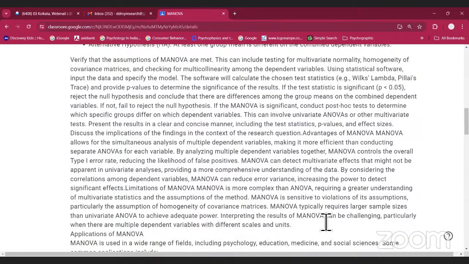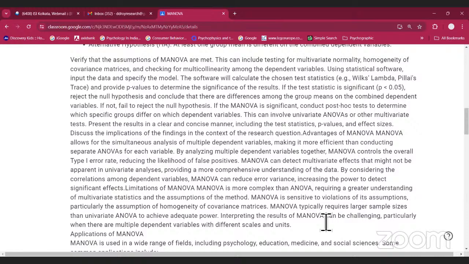Limitations of MANOVA. MANOVA is more complex than ANOVA, requiring greater understanding of multivariate statistics and the assumptions of the method. MANOVA is sensitive to violations of its assumptions, particularly the assumption of homogeneity of covariance matrices.